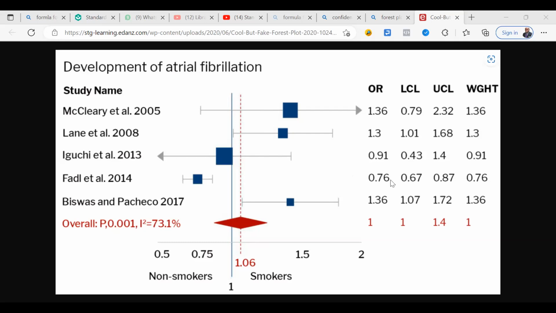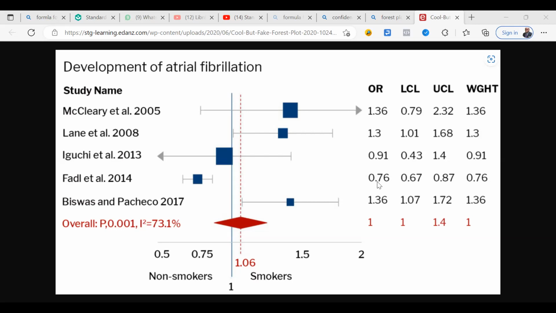The odds of developing atrial fibrillation is what? 76%. This is how you just fail the exam. This is less than 1. How do you interpret when it's less than 1? It's 1 minus that one.